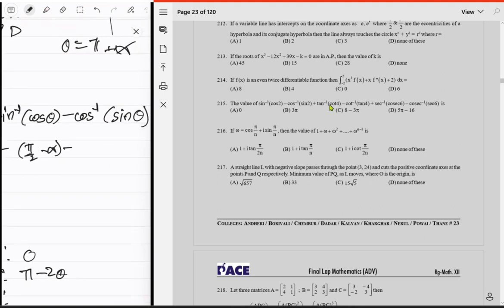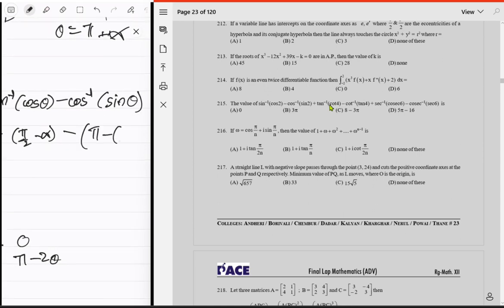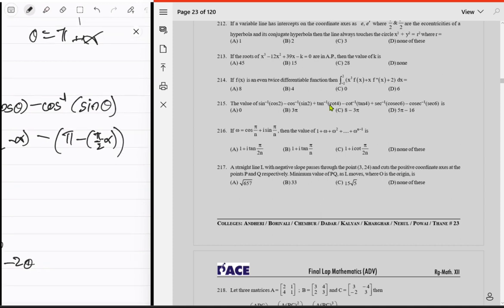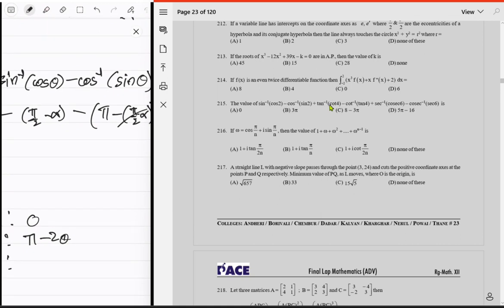Phir minus cosine inverse of negative sine alpha. So negative karna padega, just pi minus that thing. Ye to waise bhi cancel out ho jayega because wo negative positive.